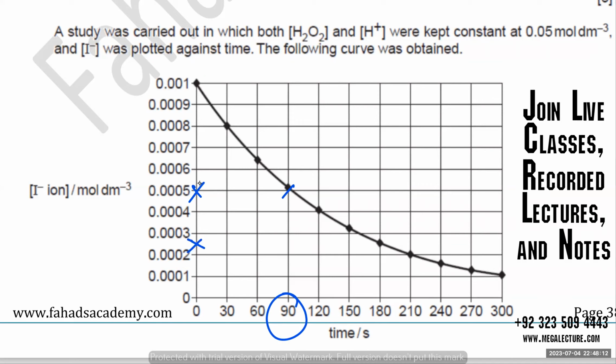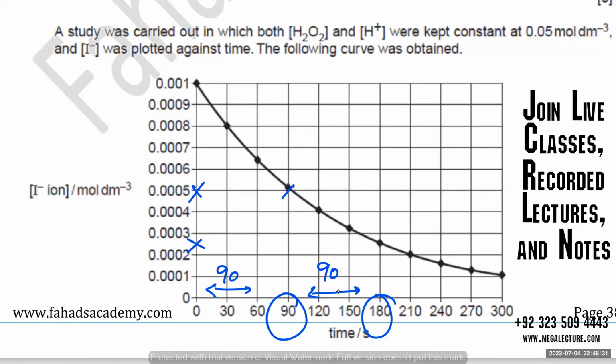That's half of the previous one, so that's again 90, and this one is also 90.